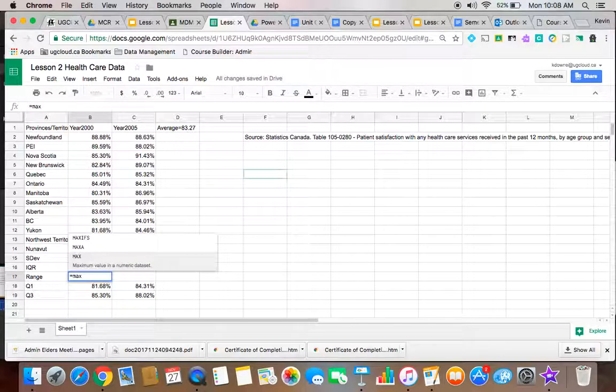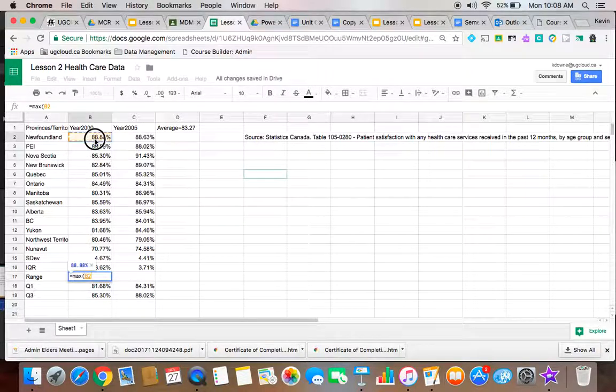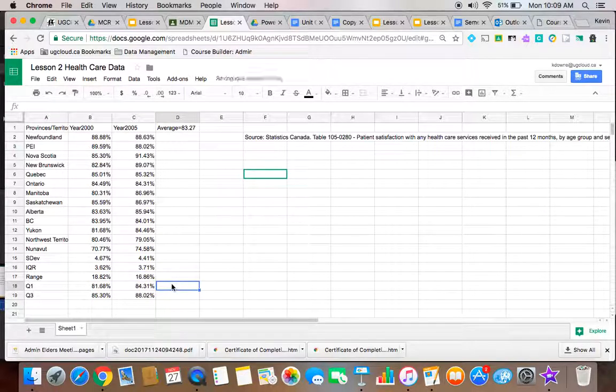So what we do is we take the max of this data. You can just find it too, but if you had like 500 data points, it's harder to find. Subtract the min of the data, and that's going to be the range, 18.82%. And so that's actually how to calculate all the measures with the spreadsheet.